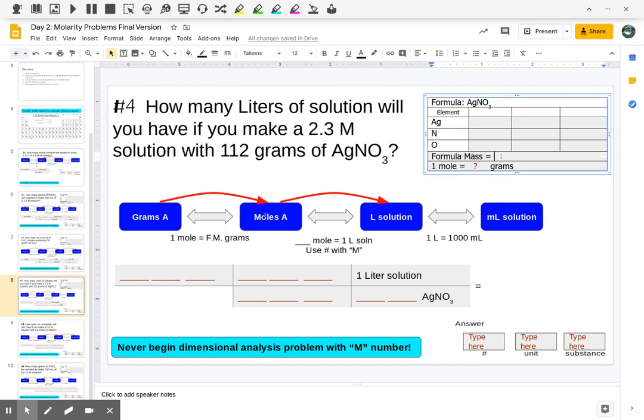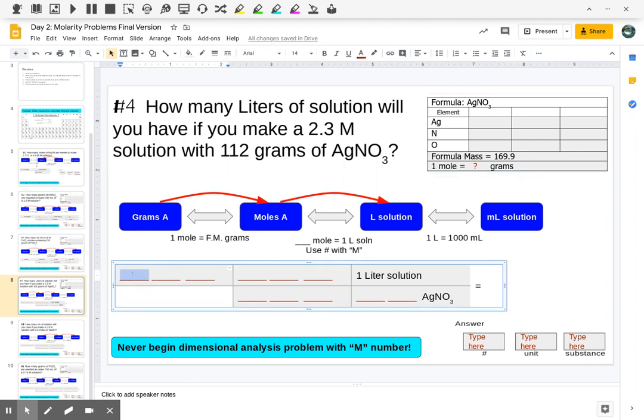You have calculated this formula mass before, so I'm just going to fill it in up here in the table. You'll want to work that out though. So like I said, we're starting with grams. So we're going to put 112 grams AgNO3 for our given.